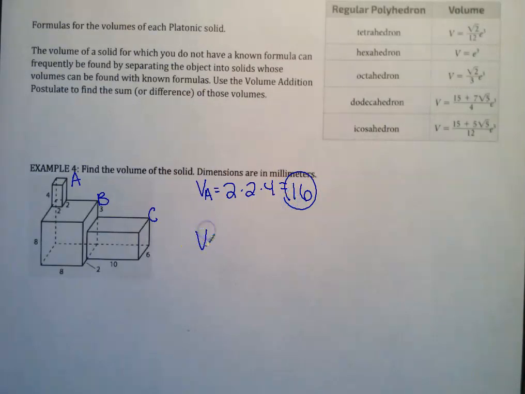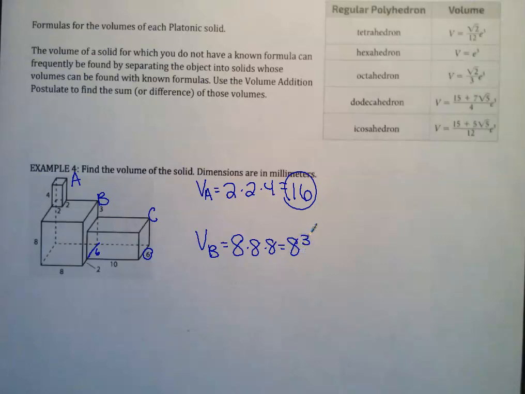Let's look at the volume of B. Would you take the 6 from C and the 2? You would, so it'd be 8. Yes, because this 6 plus 2 makes that an 8. So it's 8 cubed, right?